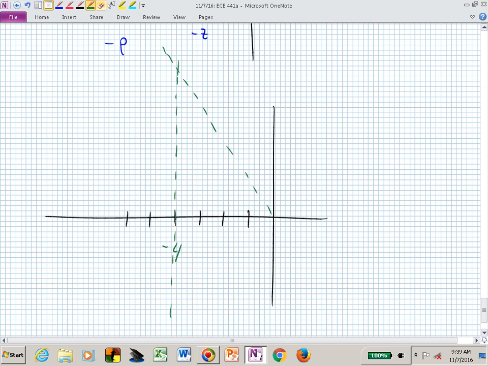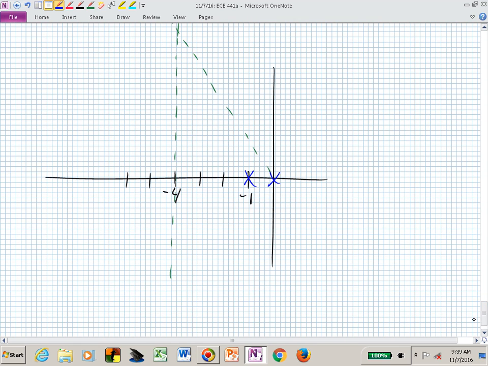But let me change the color of that -4. This is now -4. There's -1. We had a pole here and we had another pole there. How could we change the shape of this root locus with that particular configuration of pole and zero?